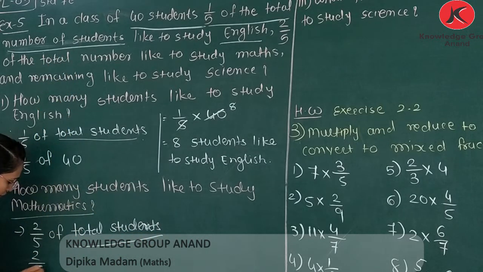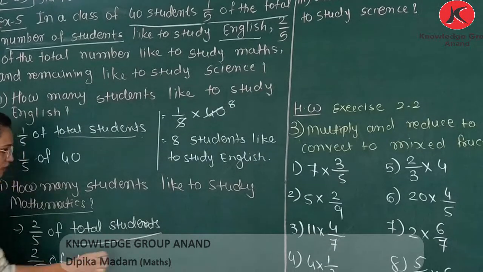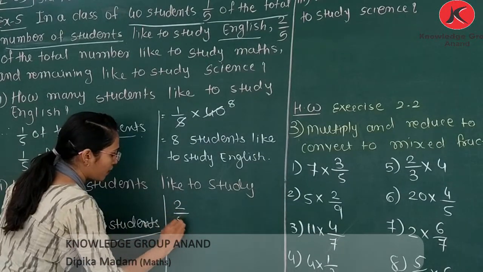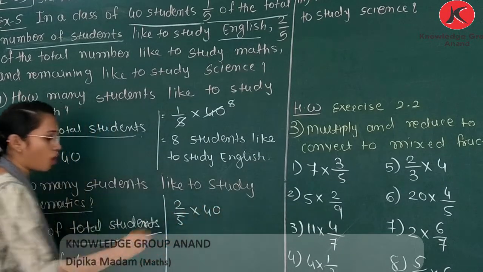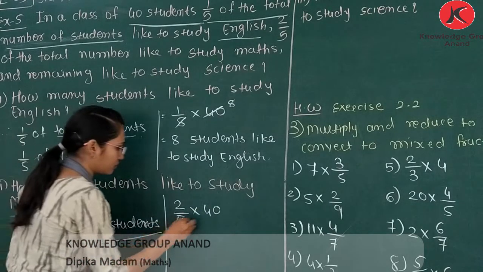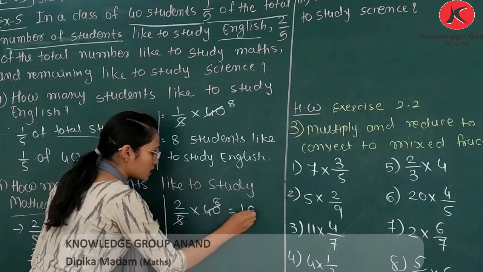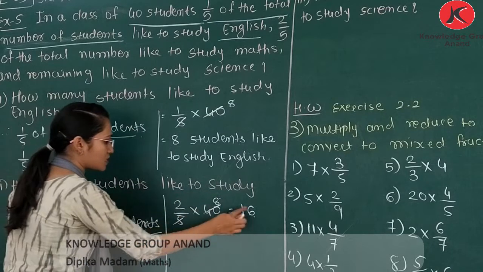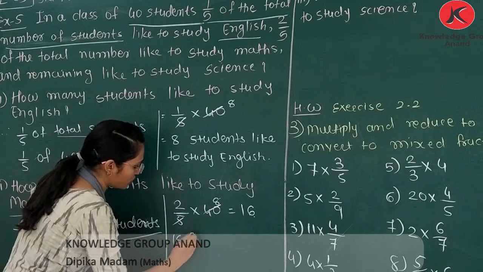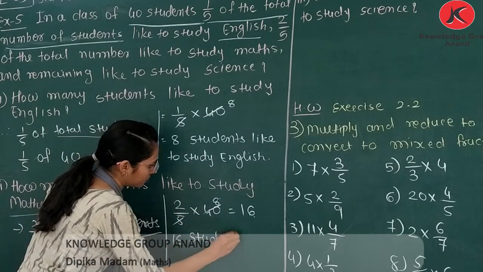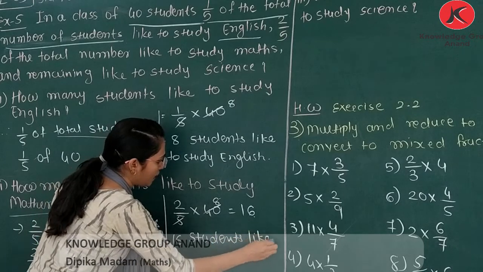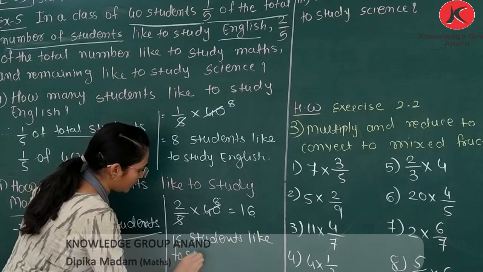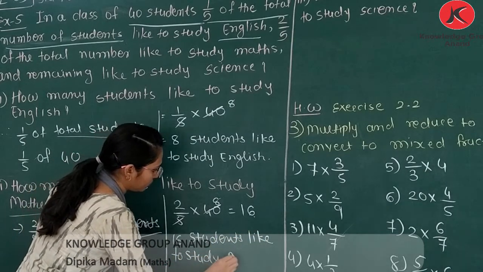So we can write 2 by 5 of 40. It means 2 by 5 into 40, of represents multiplication. So 8 2s are 16. So it is 16 students like to study maths.